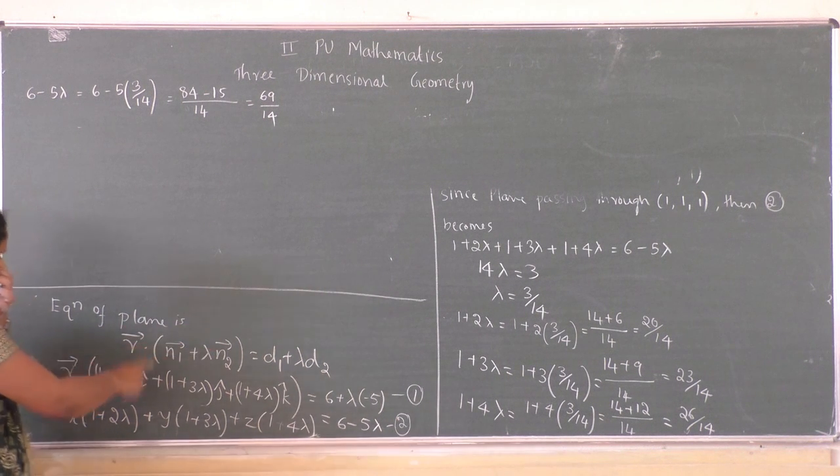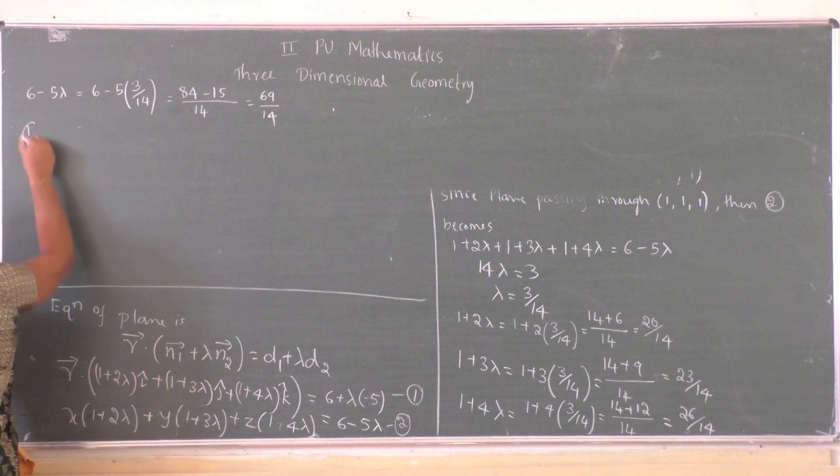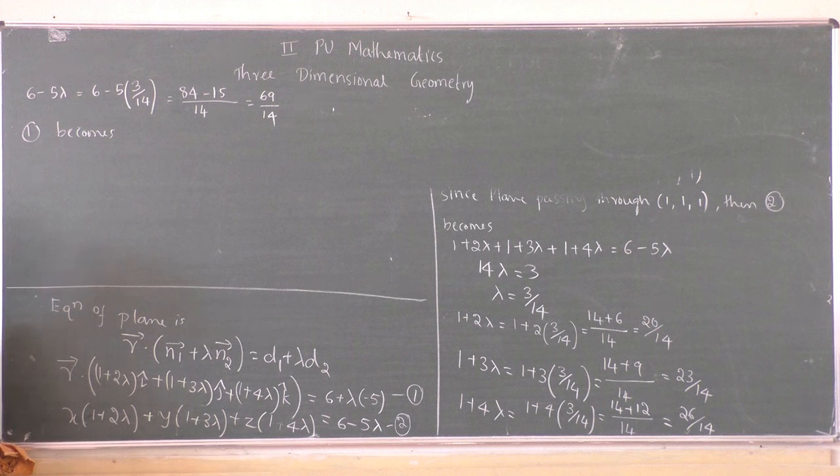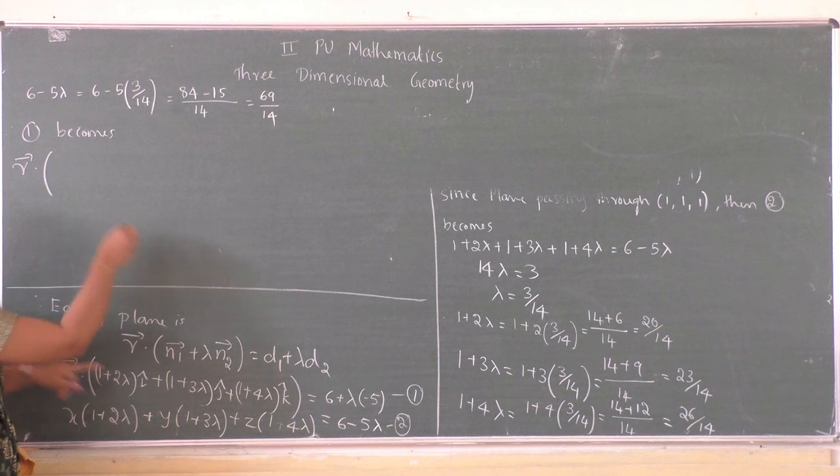Now substitute all the things in equation 1. Therefore, equation 1 becomes, what about equation 1? R vector dot, what is 1 plus 2 lambda?